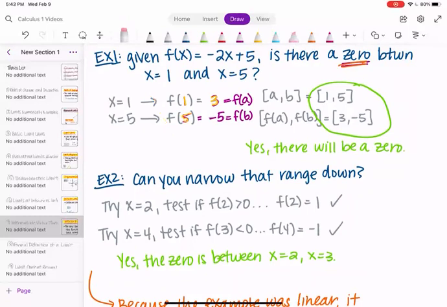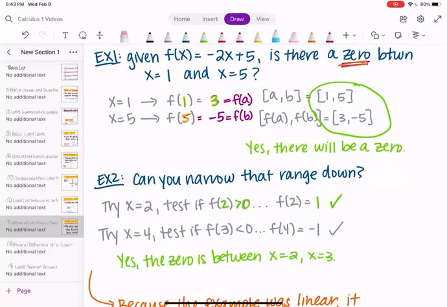So picking a value for x higher than 1 should give me a value closer to 0 than 3. So let's try 2. If I plug in 2 to that same function up here, I get -2 times 2 is -4 plus 5 is 1. And it's still greater than 0, so I can use that. Boom, that's helpful.